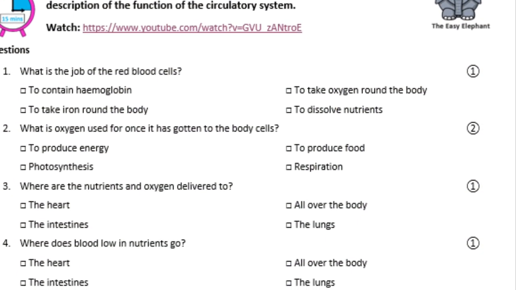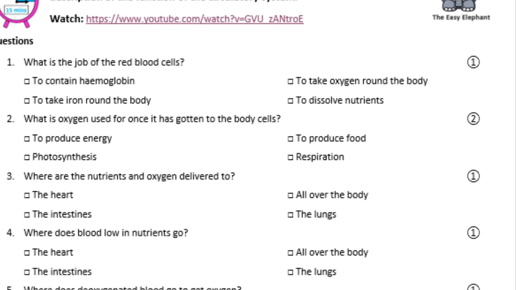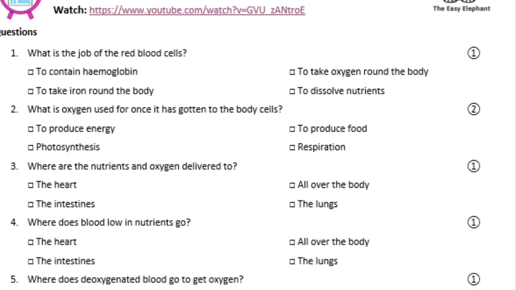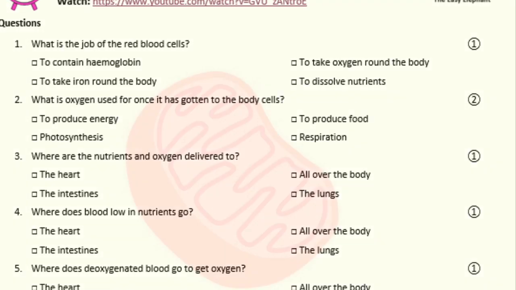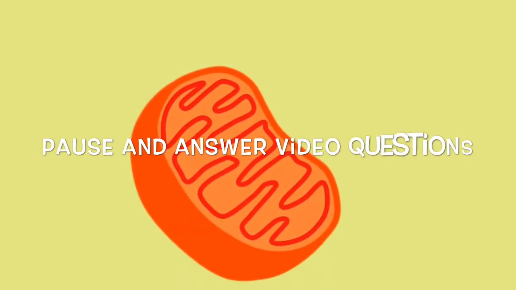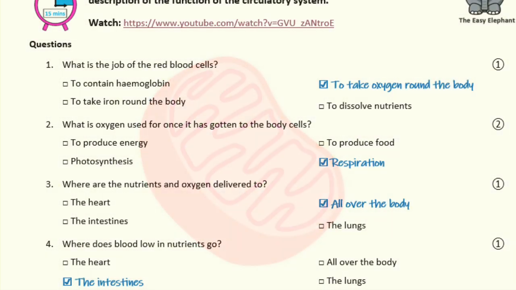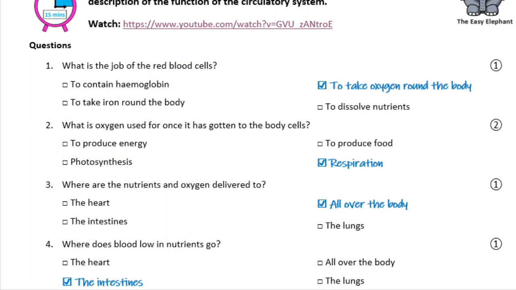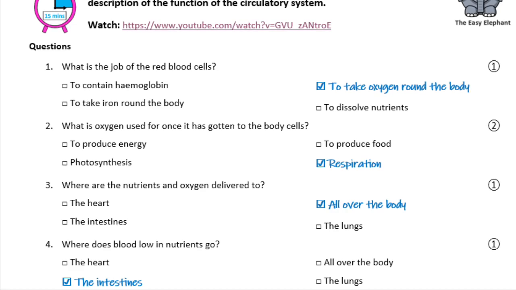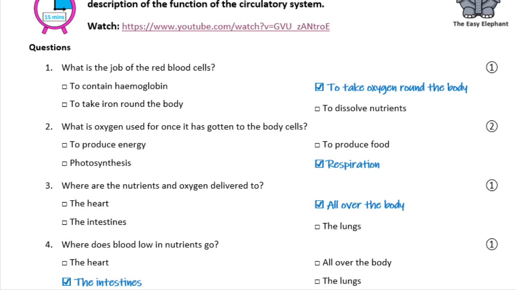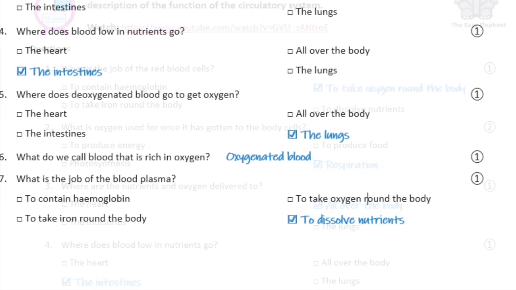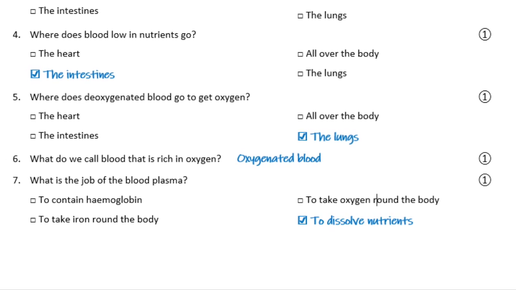Now click on the link in your booklet, watch the video as many times as you need to answer all the questions. Pause here to mark your answers to questions 1 to 4. Pause here to mark your answers to the rest.